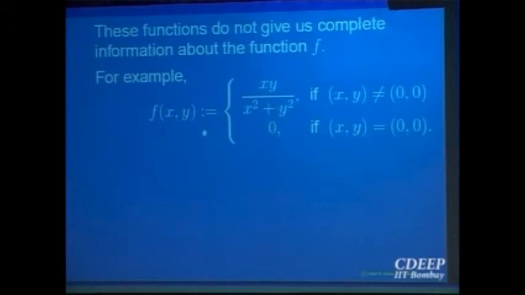We have seen this example earlier also. You fix y, then also it is identically equal to 0. So as functions of one variable, the coordinate functions at (0, 0) both have limits and are continuous. But as a function of two variables, this is not continuous at (0, 0). For example, along the line y equal to mx, the limits are different, so the limit does not exist at the point (0, 0).